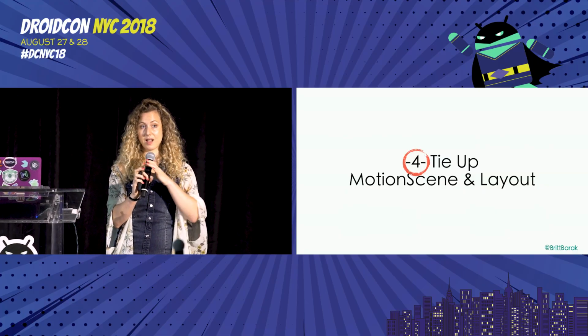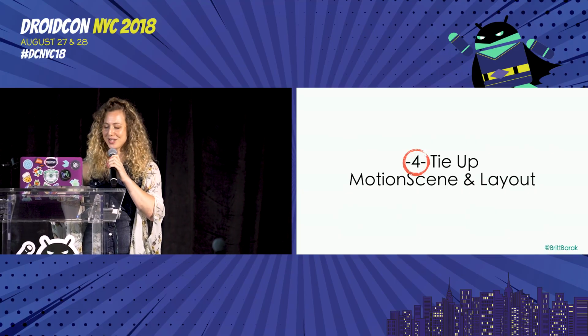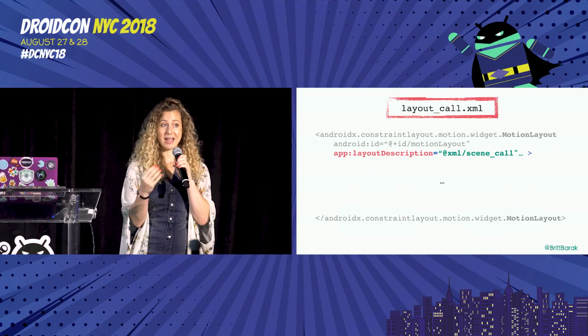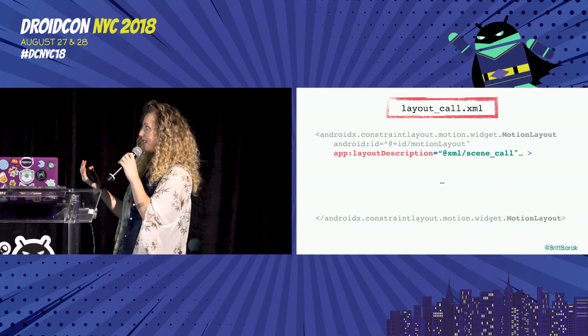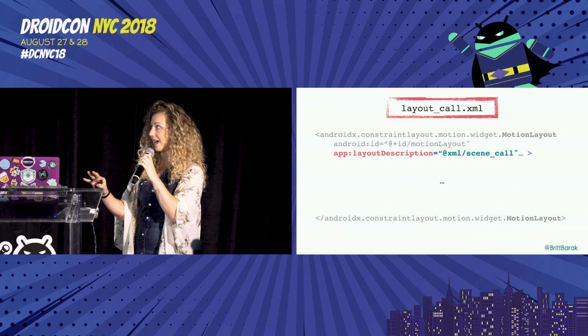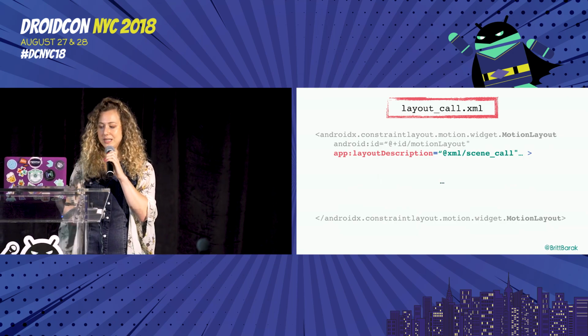This is the motion scene, this is where the magic is going to happen. The way to do it is just to add this line on your regular layout that we wrapped with the MotionLayout tag: layout description, go to this motion scene.